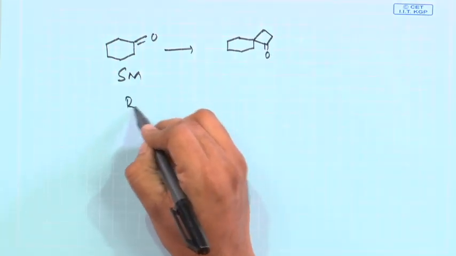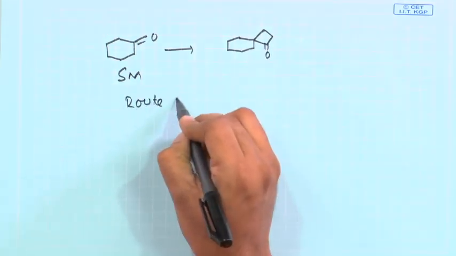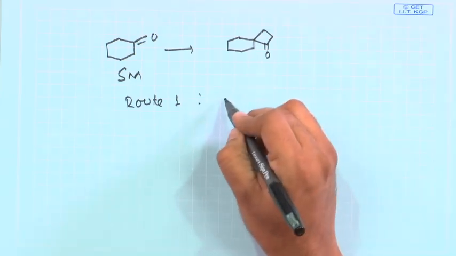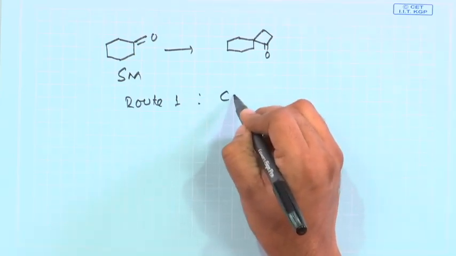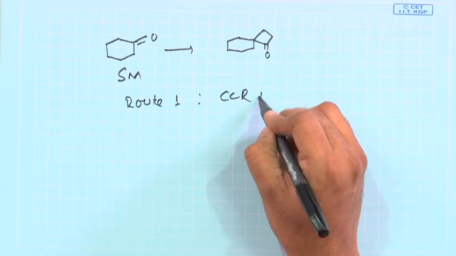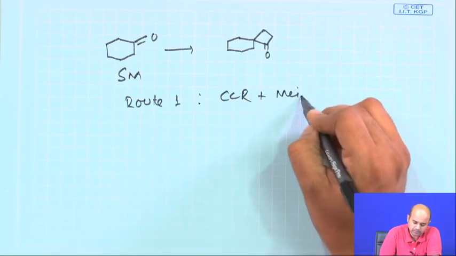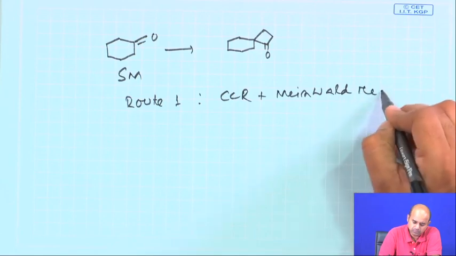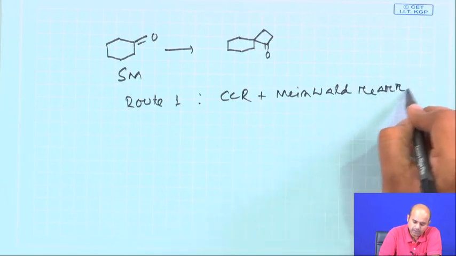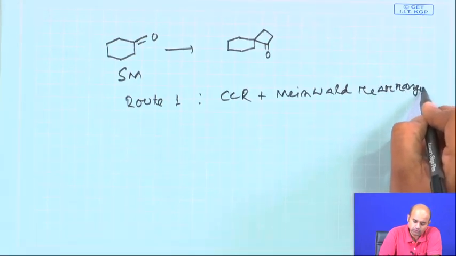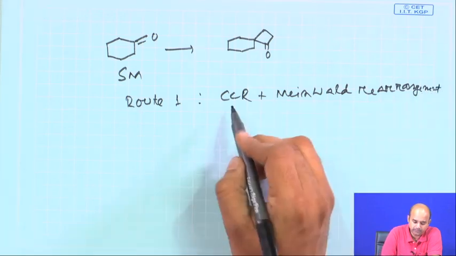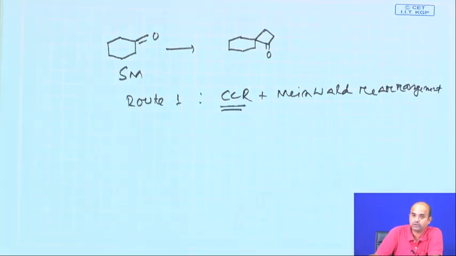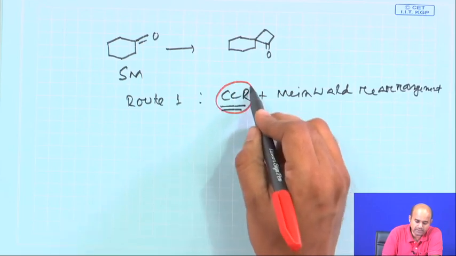Route 1: we have talked about the Corey-Chaykovsky reaction plus Meinwald rearrangement. That was one of the nice ways, and if you know both reactions you can exploit it, and in the process you learned a new reaction called the Corey-Chaykovsky reaction.